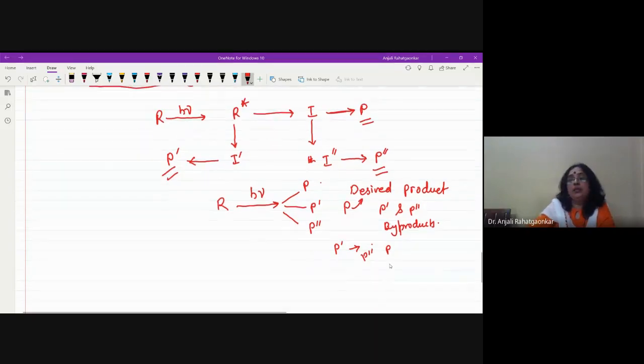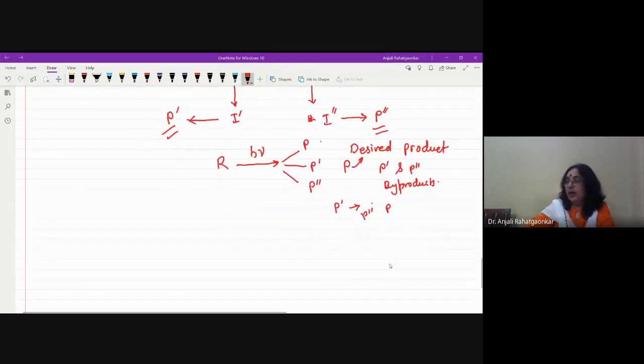So in this case, how can you calculate the quantum yield based on these products? Because ultimately there will be a conversion, there is no photophysical reaction we can observe here. Have you seen any photophysical reaction? No, there is none, but all reactions are photochemically allowed.